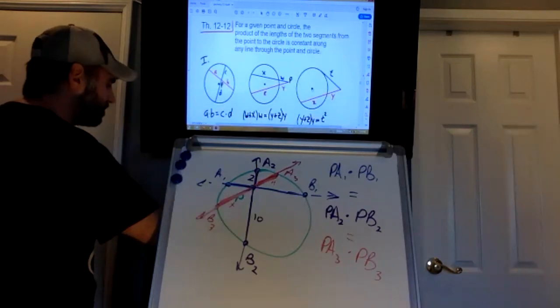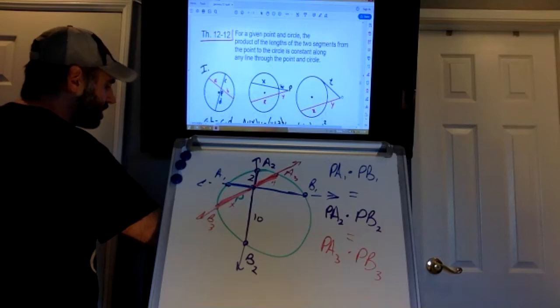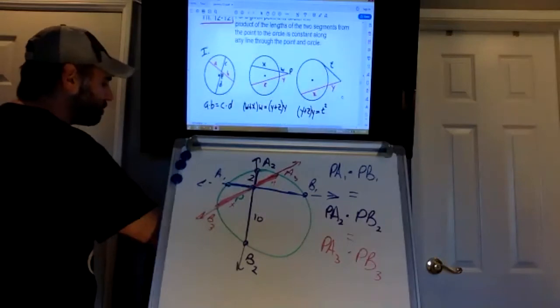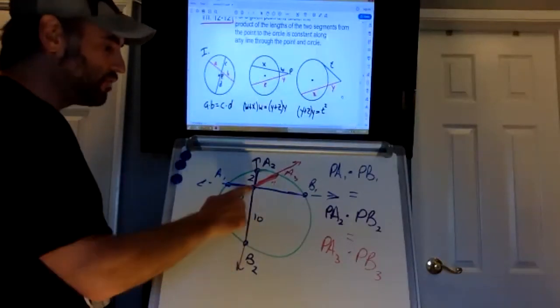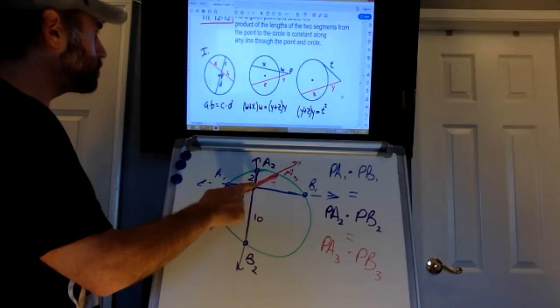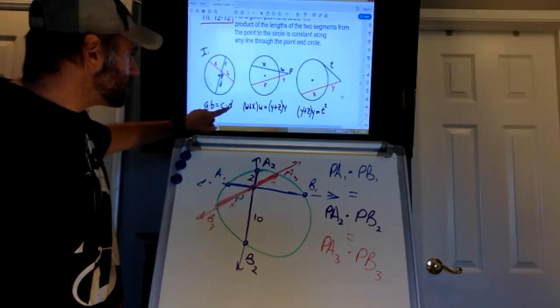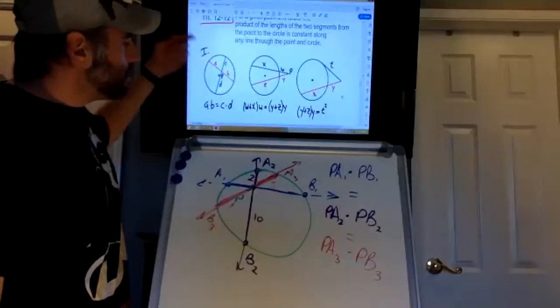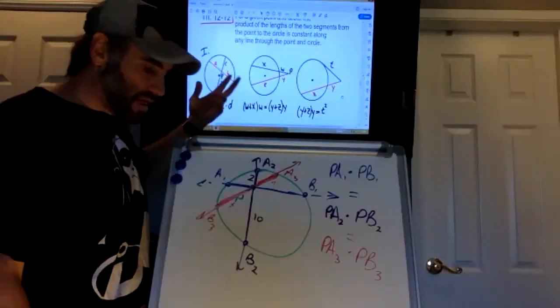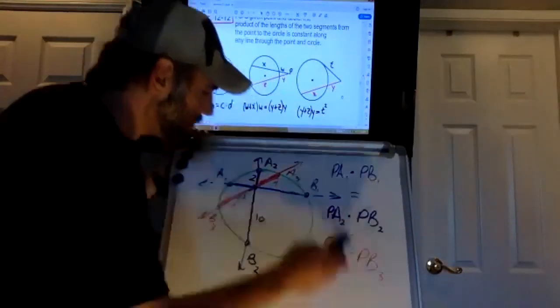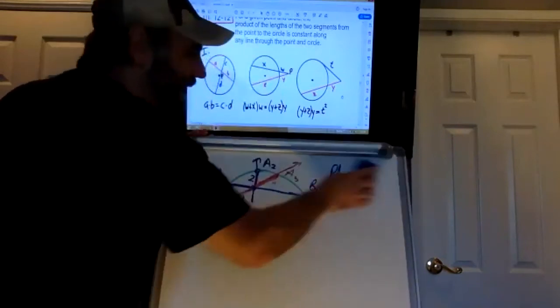Okay, so 12.12 is the theorem that states this. All right. Case 1 is what we just did. We didn't prove it yet, but case 1 here is when they meet inside, you're going to get this being true, what we just said. When they meet outside, that's an interesting concept. How do we apply the same concept when the point is outside?